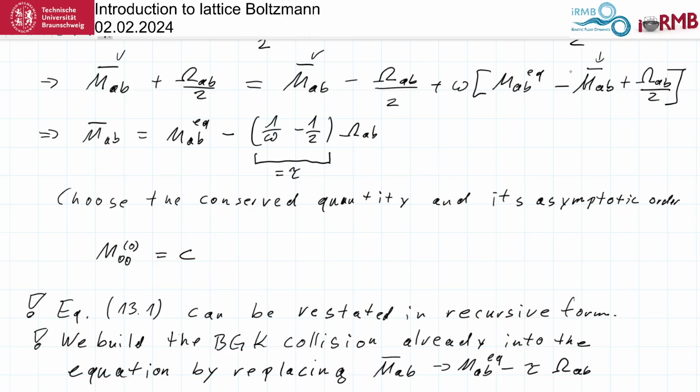We can do this in the very end, but then it becomes much more difficult. So it's a good place to introduce this, but we also have to keep in mind that at this point we've already decided that we do BGK, right? Okay.